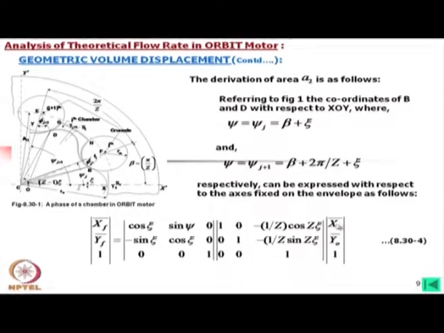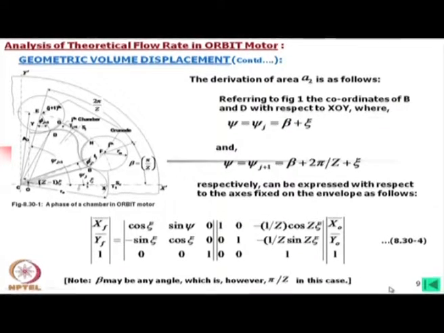So, this is being transformed from the original coordinates we have calculated with respect to the reference frame. Okay. First of all, we have to calculate these two and then we will transform in this coordinate system.